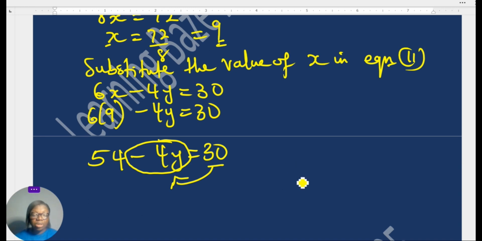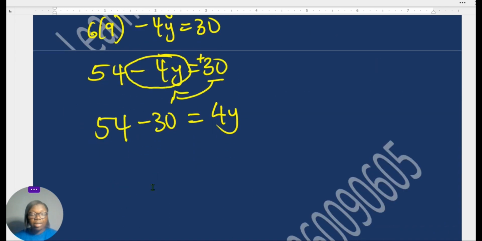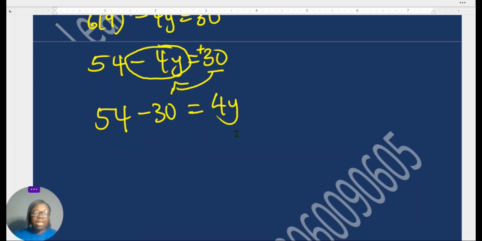Then I'll bring 30 to the left. 30 is positive here, and when it comes to the left, it becomes negative. Minus 4y crosses to the right side and becomes plus 4y. So 54 minus 30 will give us 24. So that's 24 equals 4y.